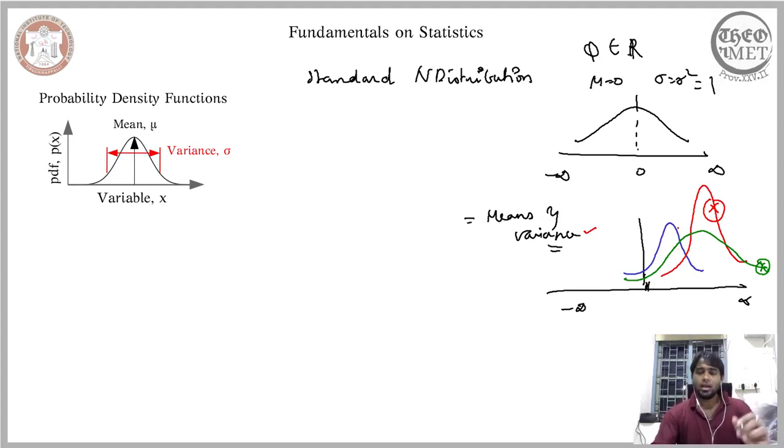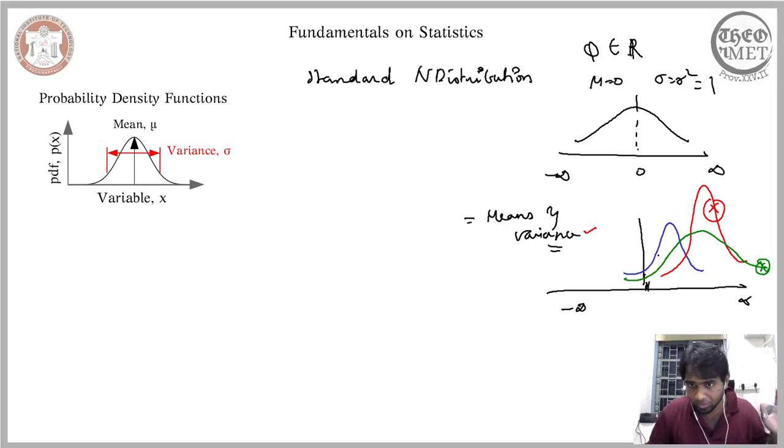Now, if it is possible for us to translate the mean from these different means to 0, it gives us a platform to visually compare these three distribution curves.